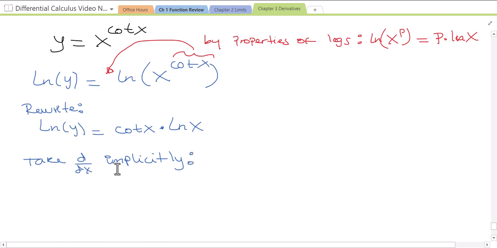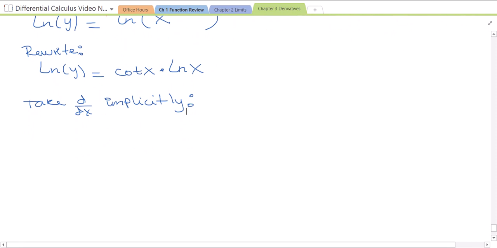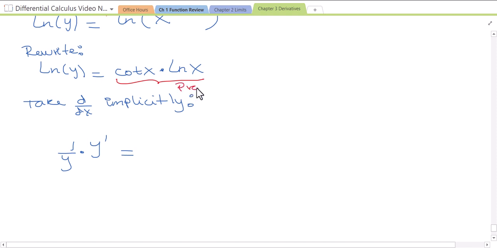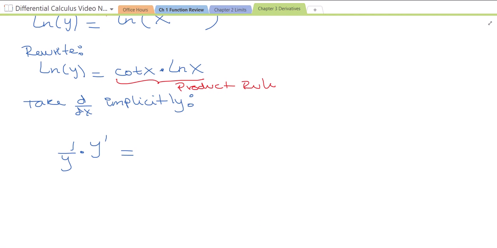So on the left, the derivative of ln of stuff is 1 over the stuff, so 1 over y times the stuff prime, so times y prime, equals, and on the right I have cotangent of x times ln of x. Here I'm going to need to use the product rule. It's important to recognize when you need to use those extra rules.